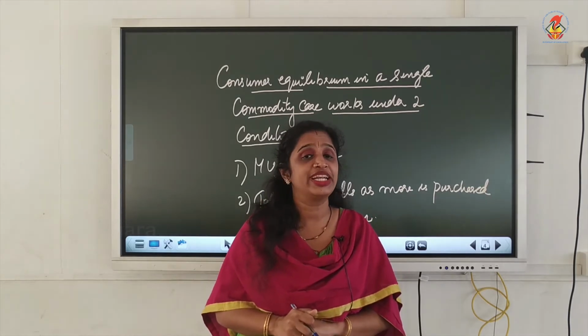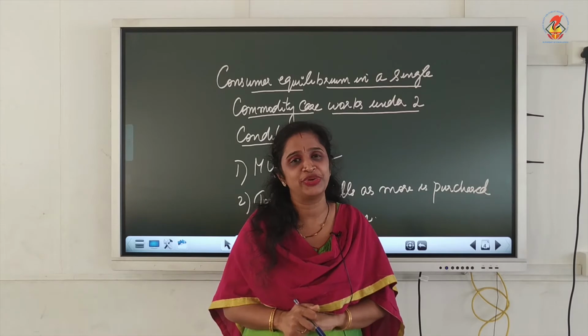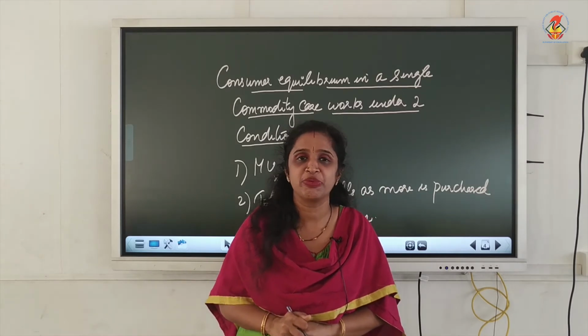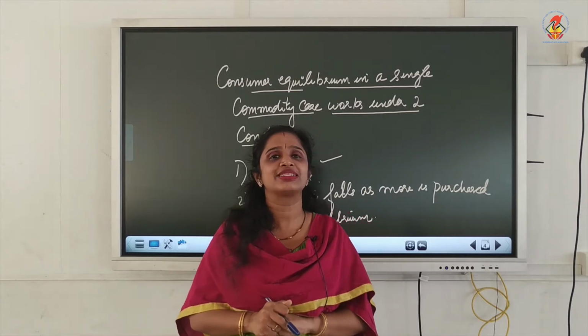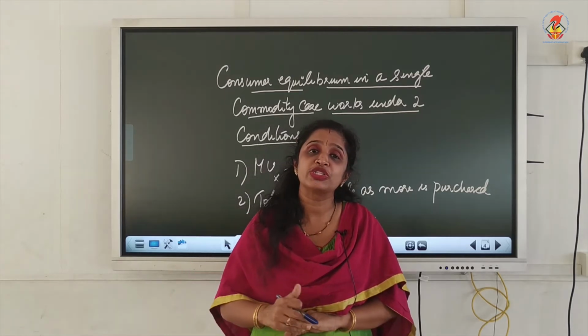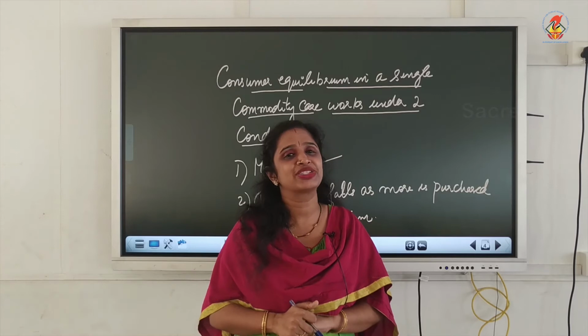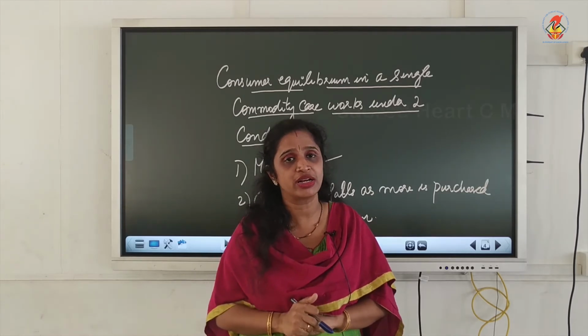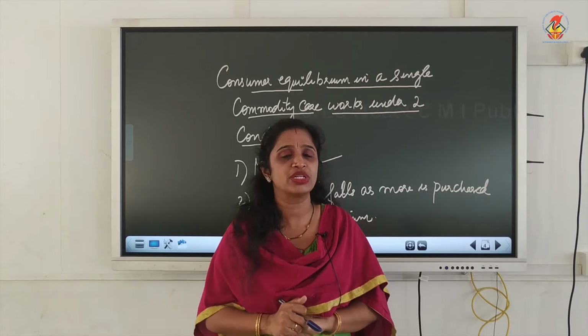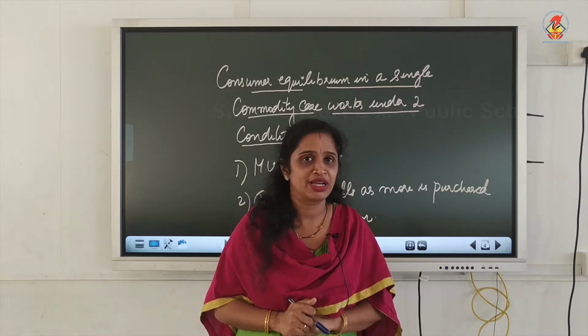Marginal utility is the addition to the total utility when one more unit of a commodity is consumed. The law of diminishing marginal utility says that when more and more units of a commodity are consumed, marginal utility will diminish. So, these three concepts should be very clear to you when you learn about the single commodity and double commodity case.